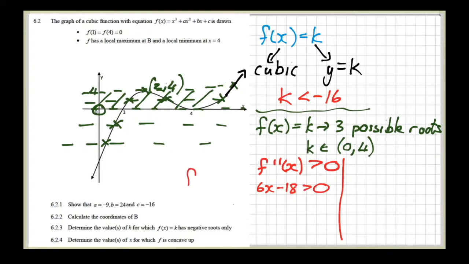Remember, we had f accent x, which was equal to 3x squared minus 18x plus 24. Remember that from the previous questions. If I now solve for x, I've got 6x larger than 18, which means x larger than 3. Easy. As my boys like to say, easy claps. This is a very simple sum.